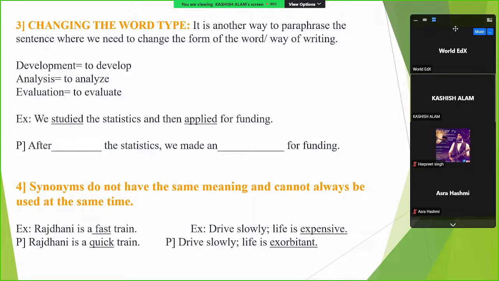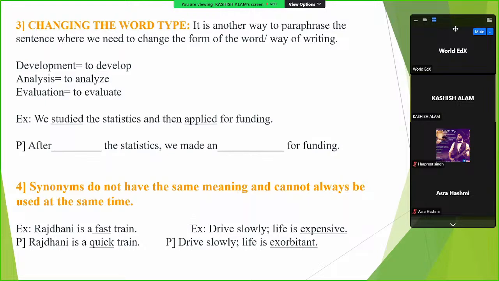We don't say it was a rapid train. We don't say it was a quick train. We don't say it was a spurt or a swift train. All are the synonyms of each other, but we cannot use them with the word train. It has to be fast only. That is again one of the areas where you need to take care.